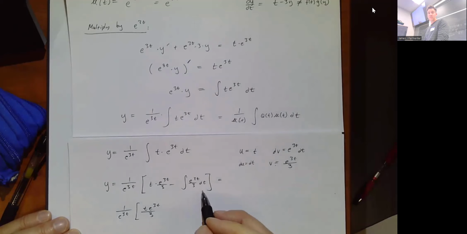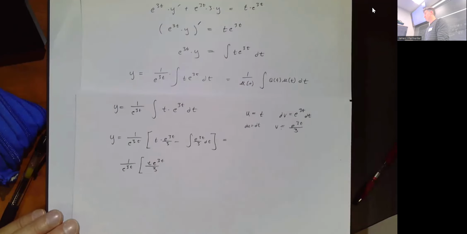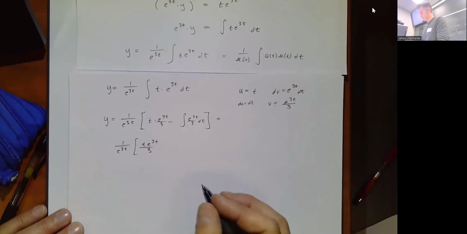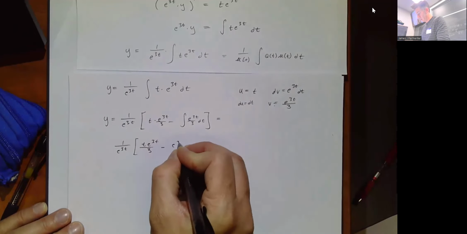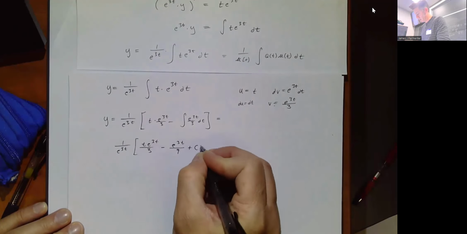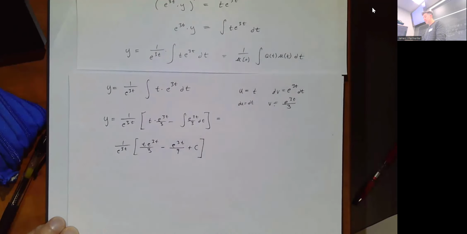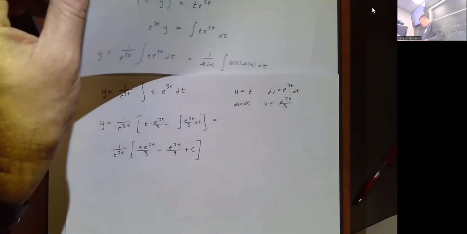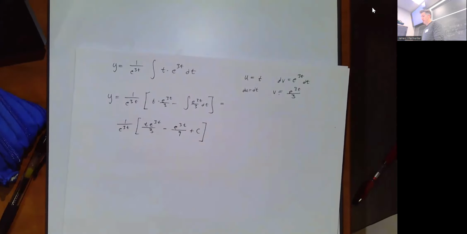And when I integrate this, I'm just going to end up dividing by another 3. The integral of e to the 3t is going to be e to the 3t divided by another 3. So I'm going to be getting minus e to the 3t over 9 plus c. And the plus c is in the brackets to get multiplied by the 1 over e to the 3t. You can leave it like this.